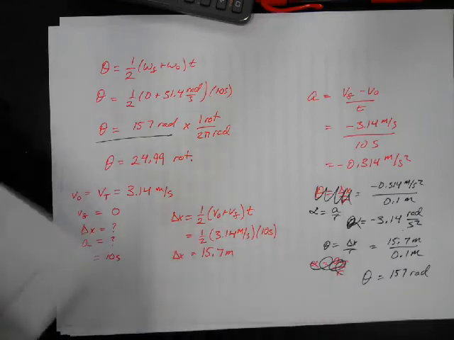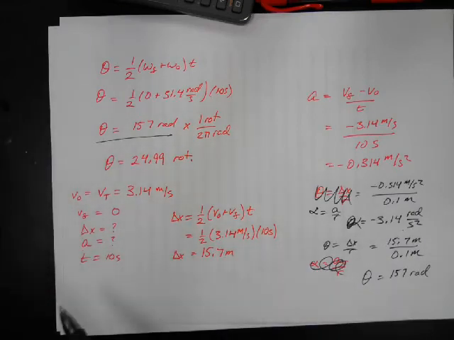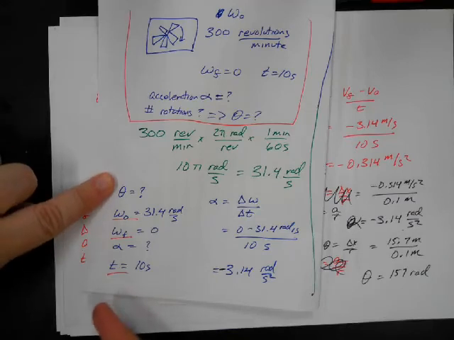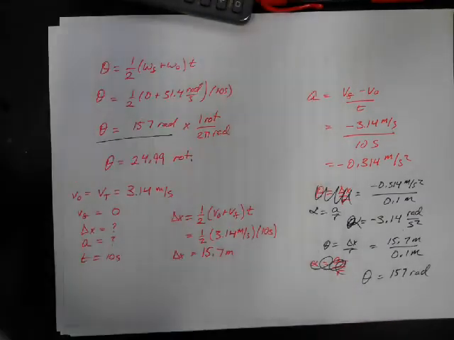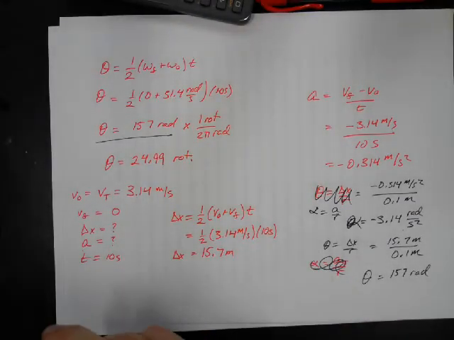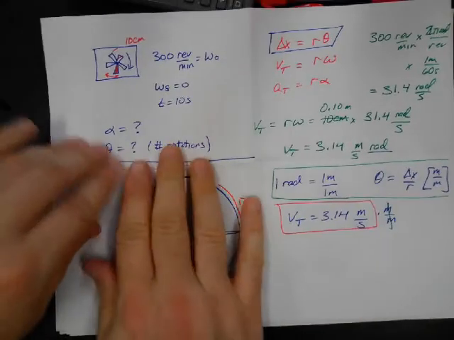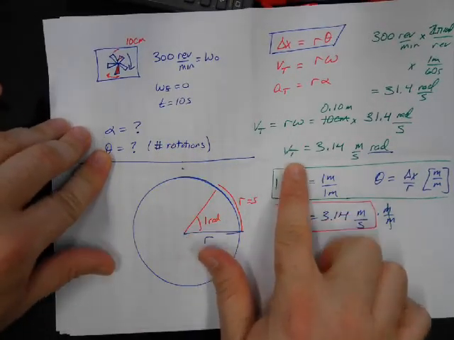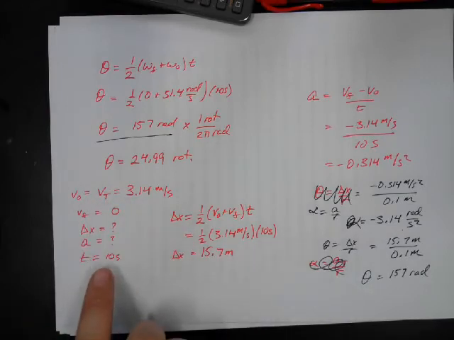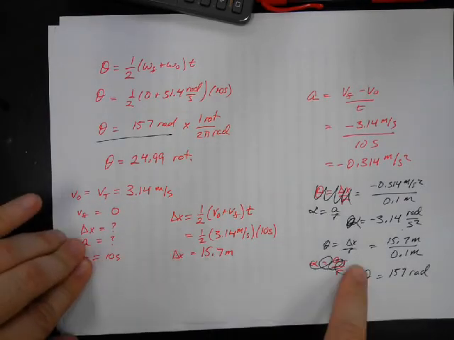So hopefully that made some sense doing it twice. There are usually two ways of doing a problem. One is to attack it directly with the angular variables, and the other is to do the conversion, to go from our angular variables to tangential variables, and then solve the problem as if it were a 1D problem, and then go back.